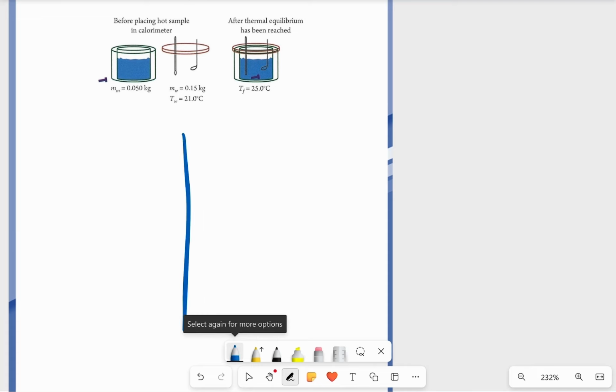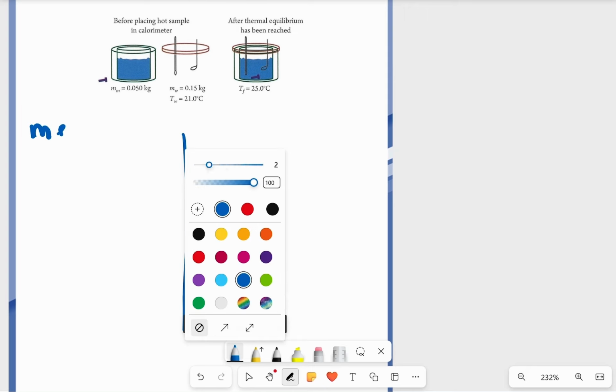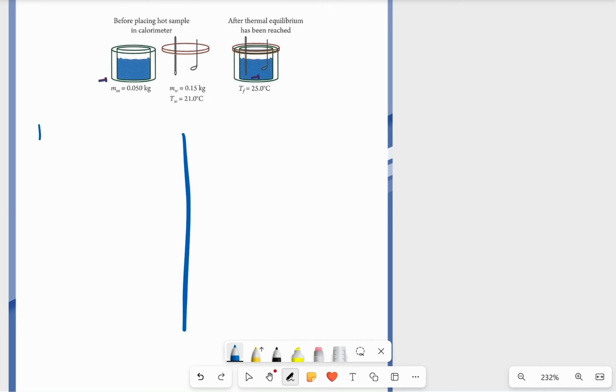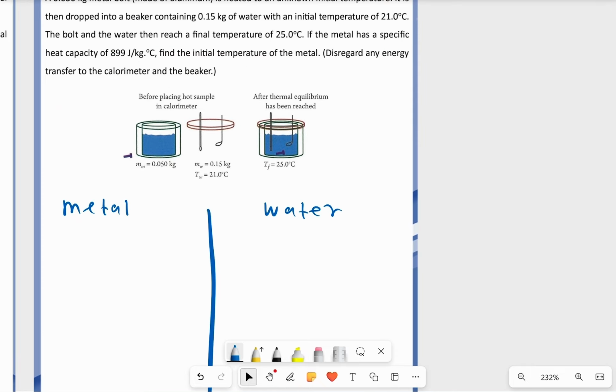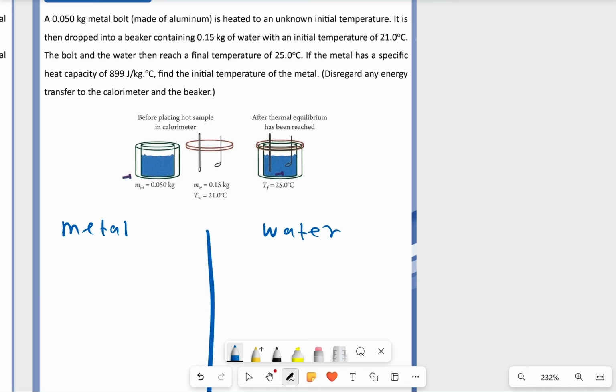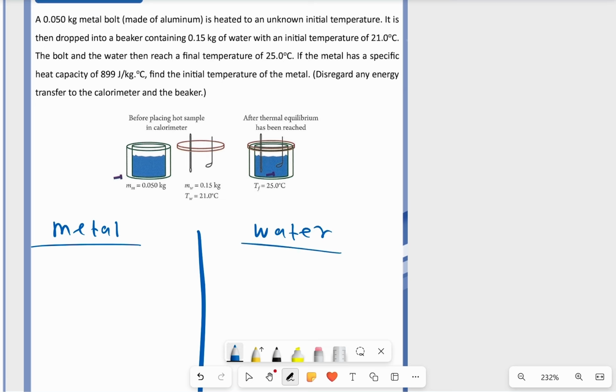This one is for the metal, and this one is water. So we know the mass of the metal is equal to 0.05 kilogram. This is our first given. These are the givens for the metal and these are the givens for the water.